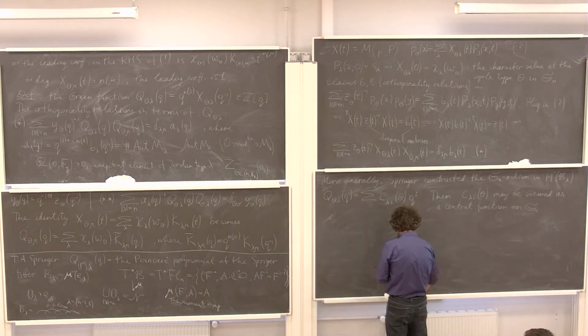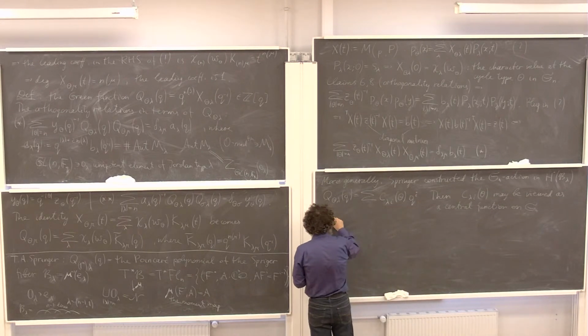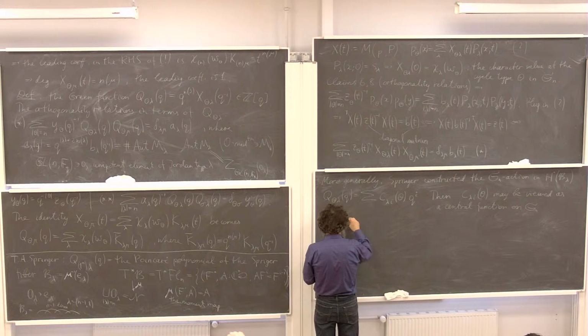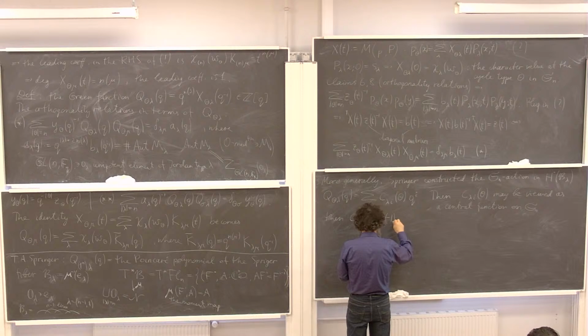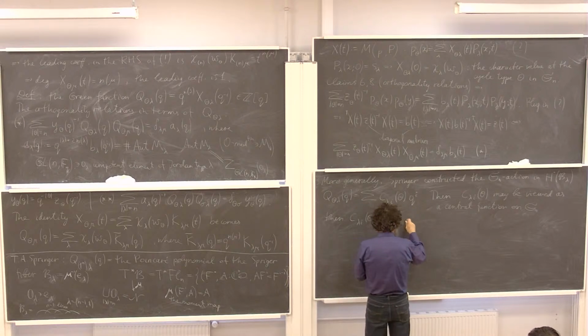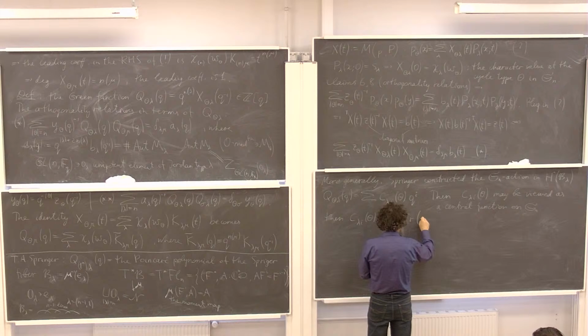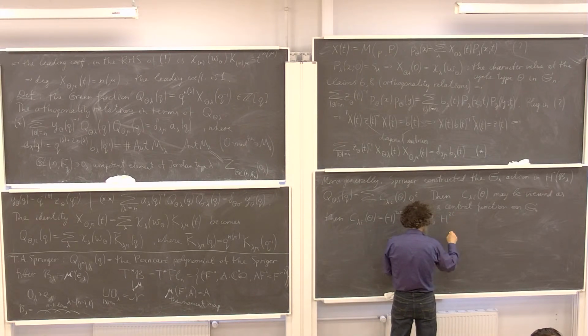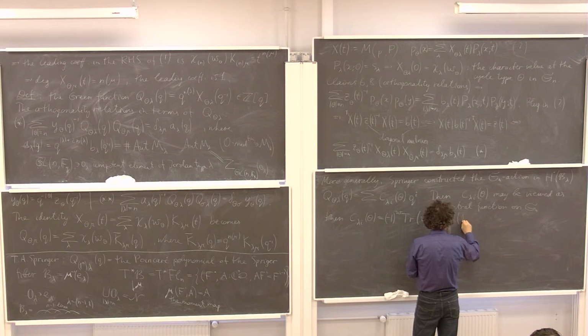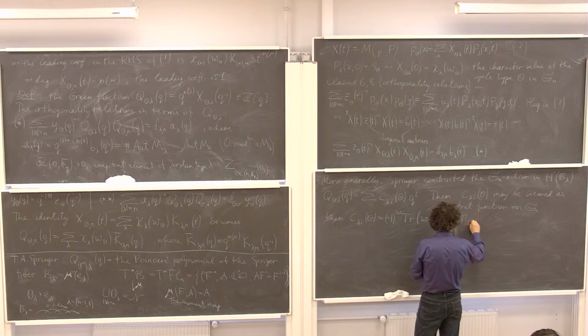And then C_{lambda,i}(theta) is (minus 1) to the power something, times the trace of w inverse in the 2i-th cohomology of the Springer fiber. Sorry, lambda.